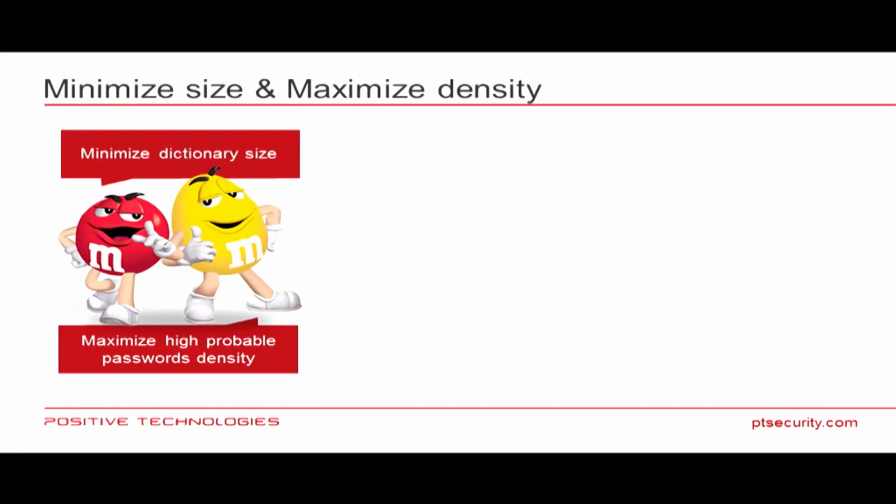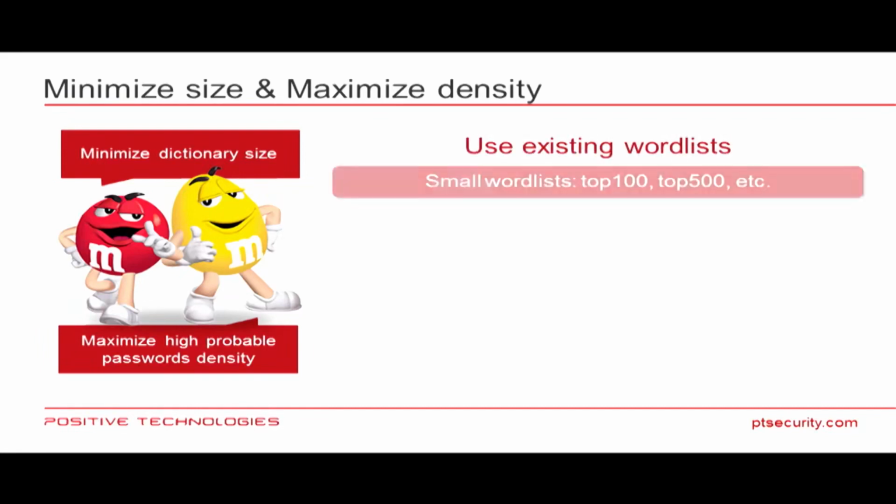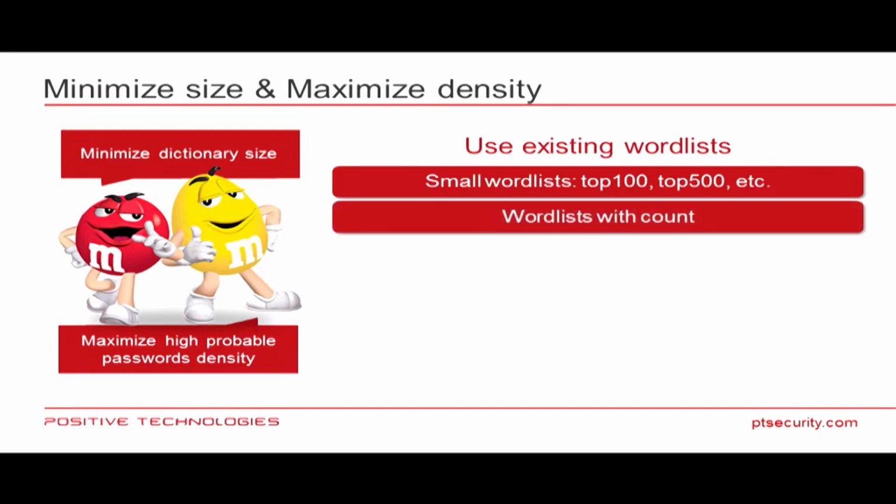How do we reduce the size of a dictionary and increase the probability of using the passwords? First of all, use the word lists, analyzing how often this password was used in the system.